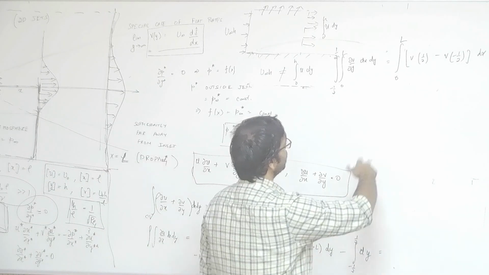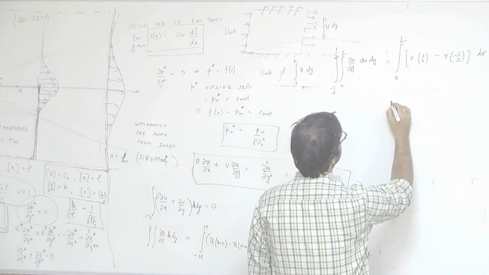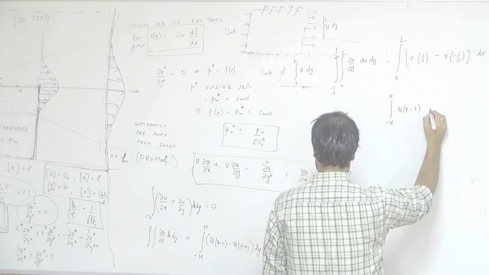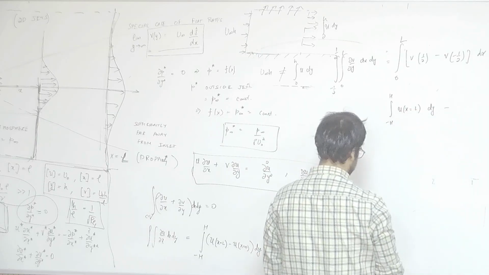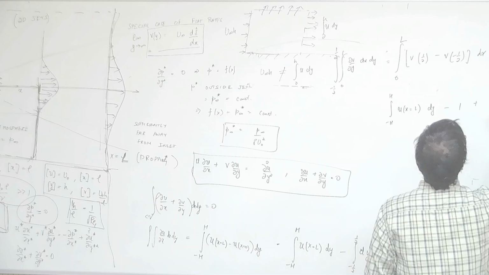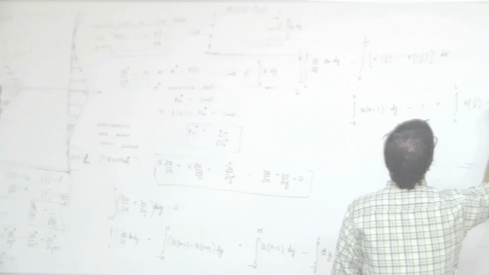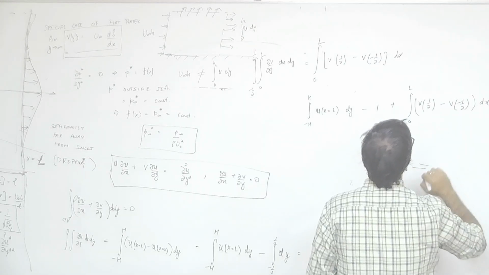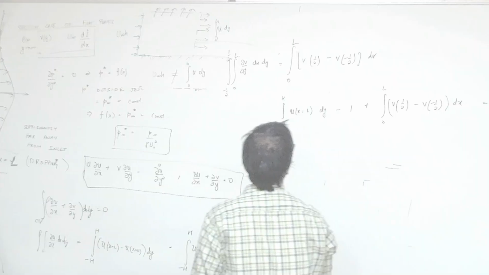What we get when we combine these is that the integral from minus h to h of u at x equal to L dy, minus 1, plus the integral from 0 to L of v of half minus v of minus half dx equals 0.